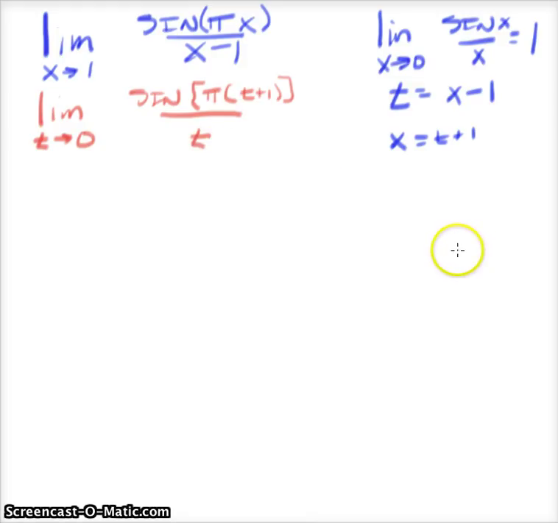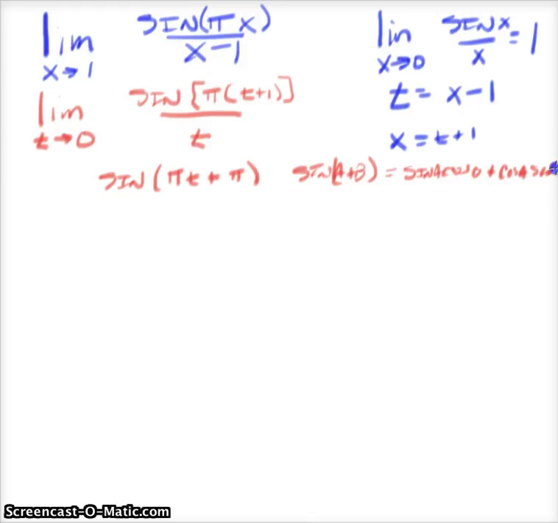Well, if we notice here that we could multiply this argument out, and we could have the sine of pi t plus pi. We also know that there is an identity for sine: the sine of a plus b is equal to sine a cosine b plus cosine a sine b.